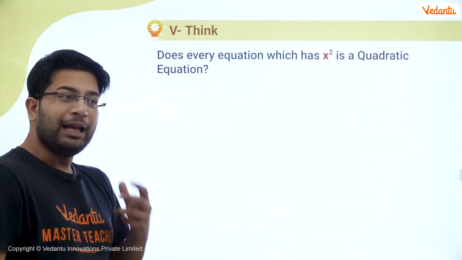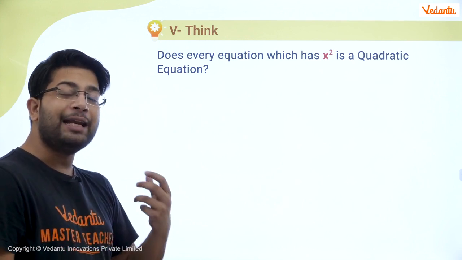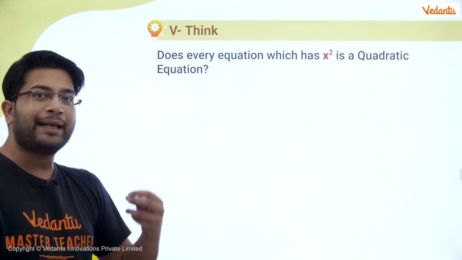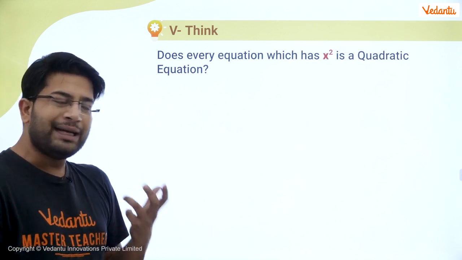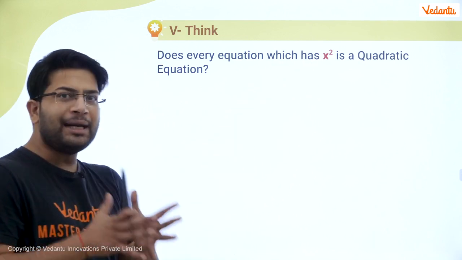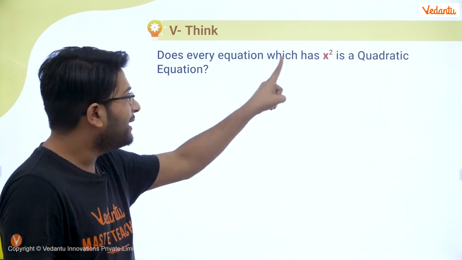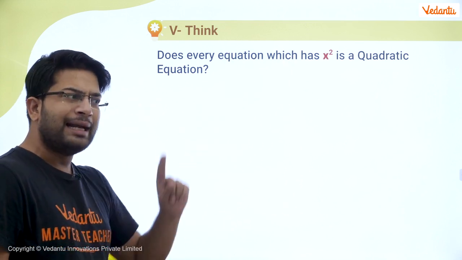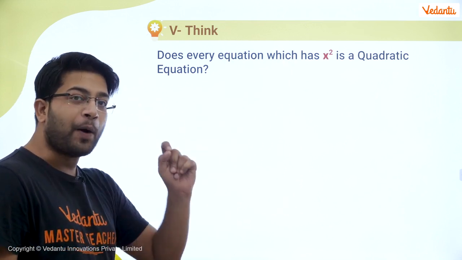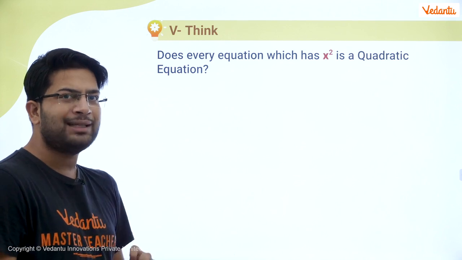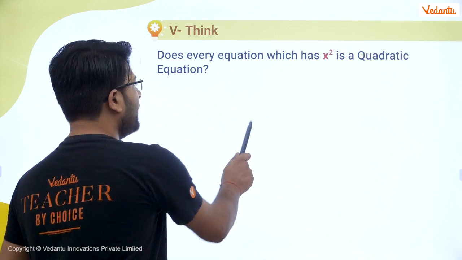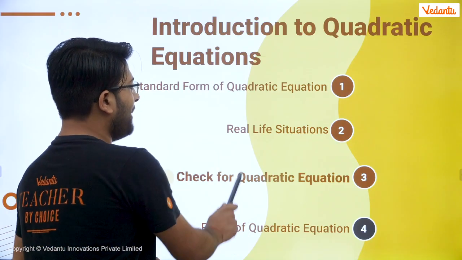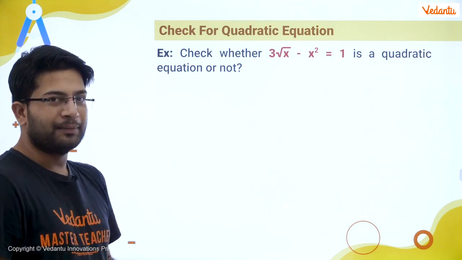That means if any polynomial has an x square term, is that the complete condition for it to always be a quadratic? Let me show you one example.